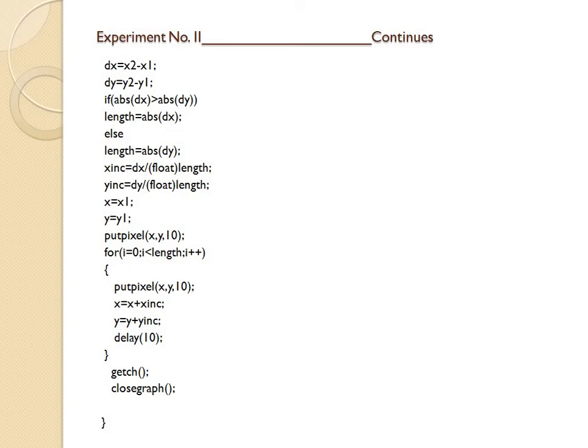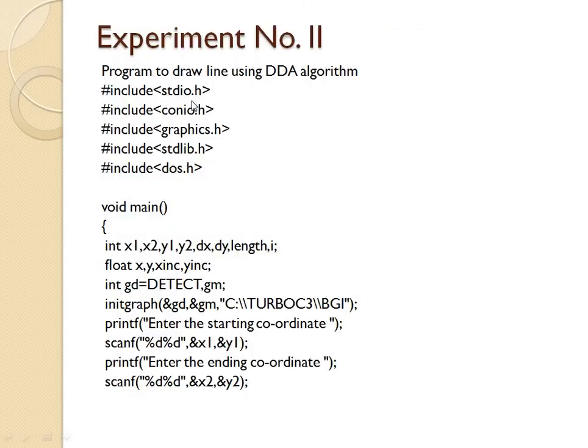Then we calculate x is equal to x1 plus 0.5 and y is equal to y1 plus 0.5, if it is floating point. Then the sixth step is a for loop, which is required to increment our values. Here, first of all we read two endpoints, x1, y1 and x2, y2.